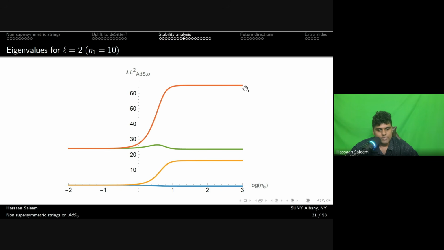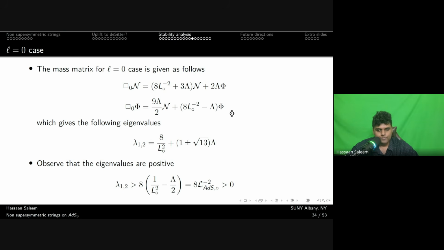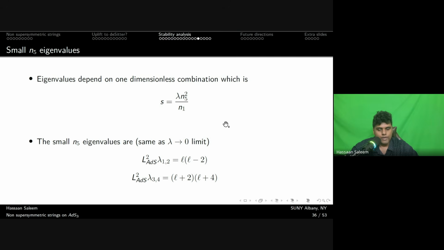What about these saturation values? Can you predict these ones? Well, here you have to talk about the large N5 behavior. But again, since the dependence is only on this particular parameter, large N5 makes S big, but you can see that small N1 also makes S big. So it means that large N5 behavior should be the same as small N1 behavior.